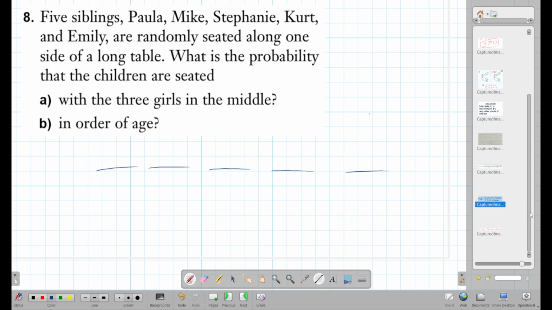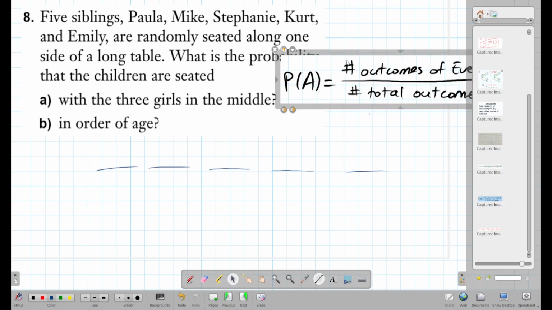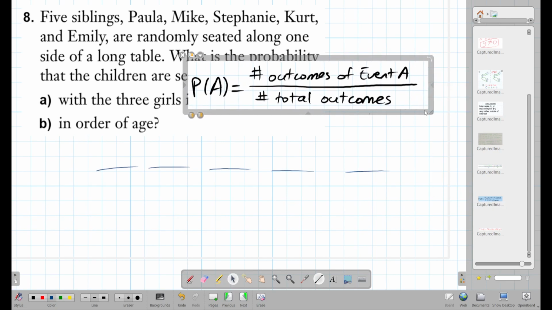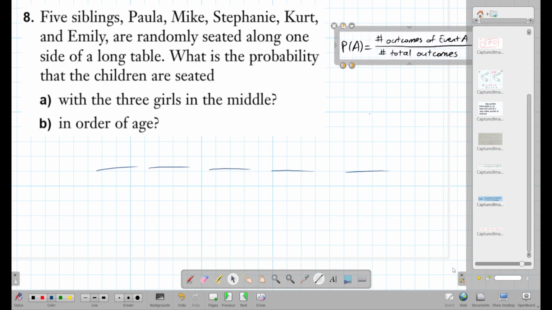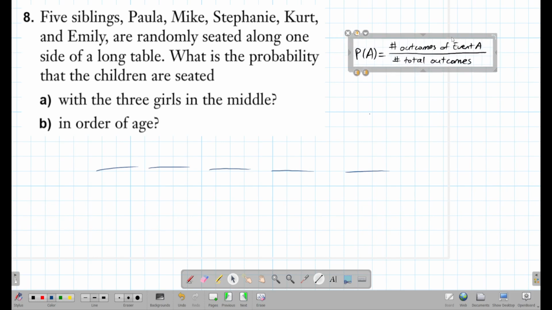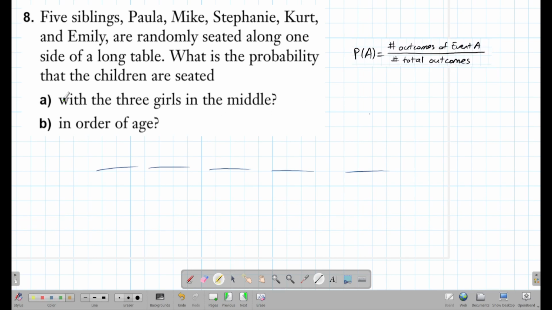Because it's a counting question, you're going to think about the fundamental equation of probability, which is this. Like I always say, we have to find the number of outcomes of our event, and divide that by the total number of outcomes.